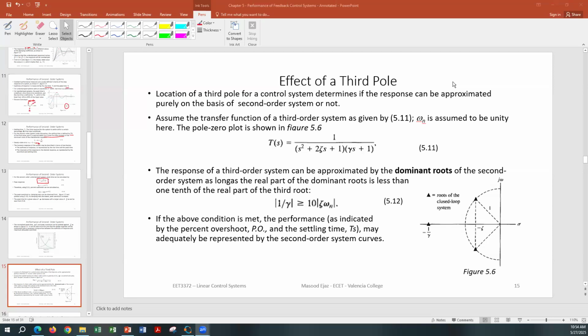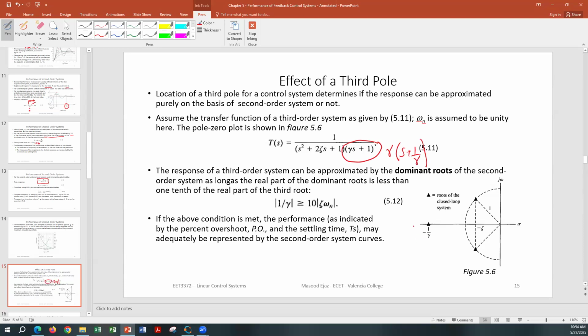So what you see over here on the slide is the s plane right here. This third order pole, which we can also write as s plus 1 over gamma.